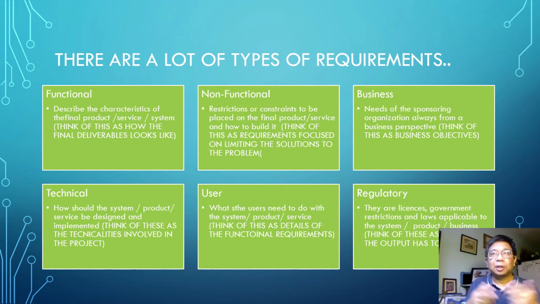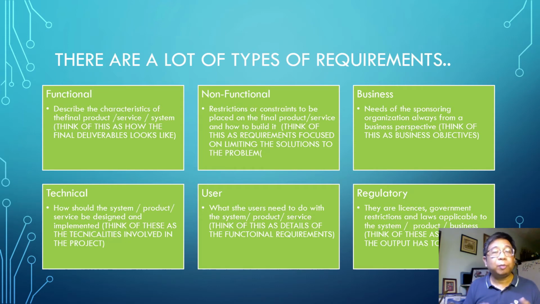In this categorization, which is, by the way, not the only potential categorization, there are a lot of other categorizations, but this is just one of them. They blew up or expanded the non-functional requirements. So you now have the non-functional requirements blown up into four additional categories: business, technical, user, and regulatory. I'll explain each and every one of them as we go along.